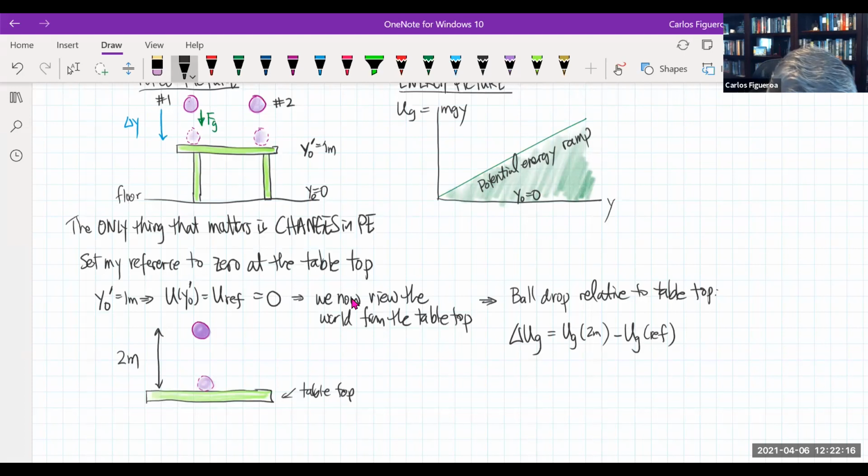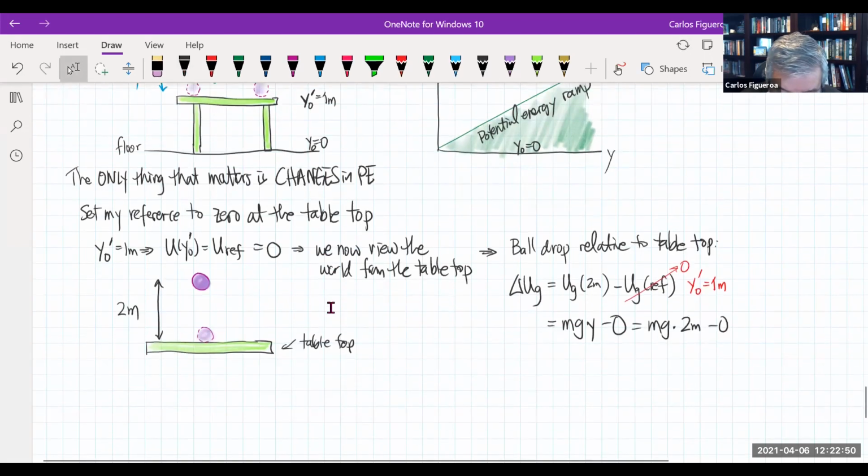But wait a minute, my reference potential tells me that at y initial prime equal to 1 meter, that potential is 0. So what's my change in potential? Well, it's going to be mg times y minus 0. So this will be mg times this 2 meter value, equal to 0. That's my change in potential here.